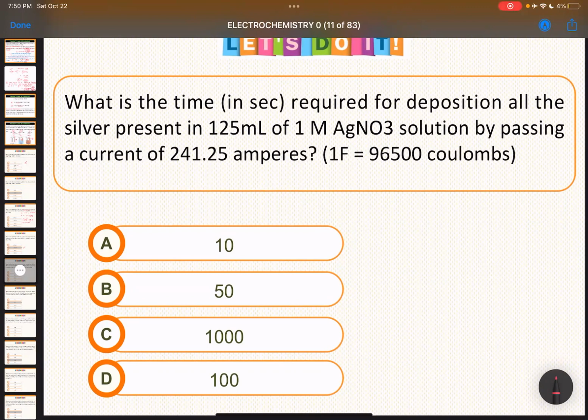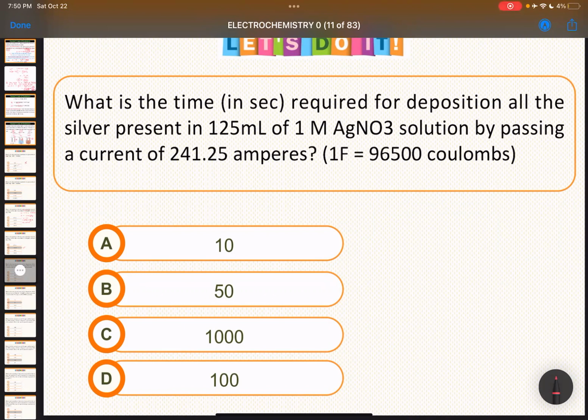You can find the mass of the silver which needs to be deposited. Moles you can find out. And the current is there, I into T, time in seconds.